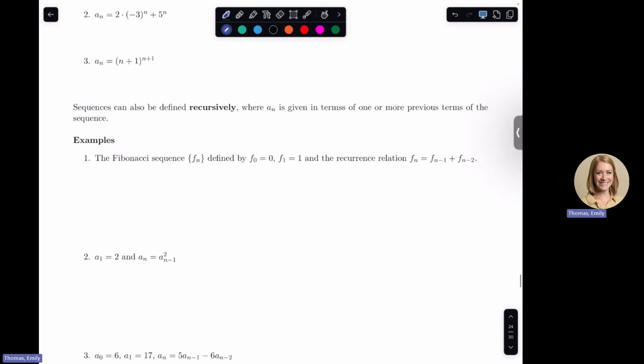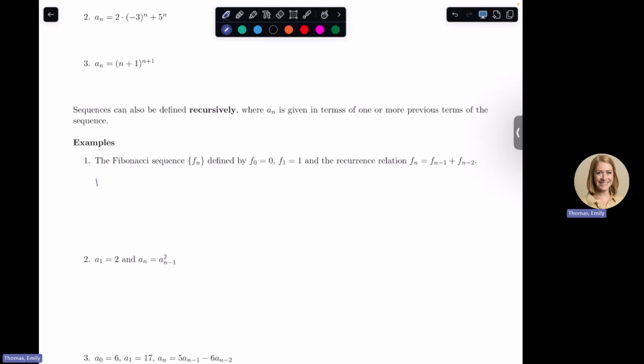We've done this before, but f sub 2 would be f sub 1 plus f sub 0. So that's looking at 1 plus 0, which is 1. F sub 3 is going to be f sub 2 plus f sub 1. F sub 2 is 1 and f sub 1 is 1, so that is 2. F sub 4 is the 2 previous, so F3 and F2.